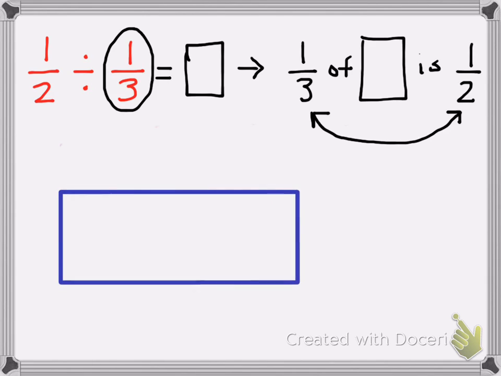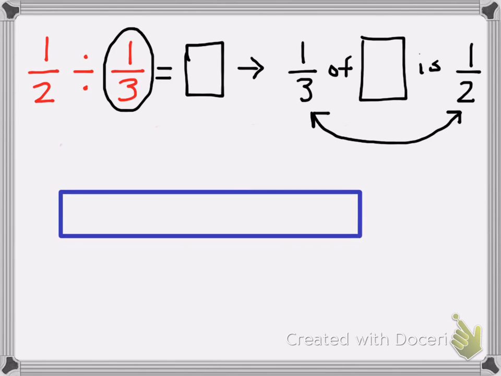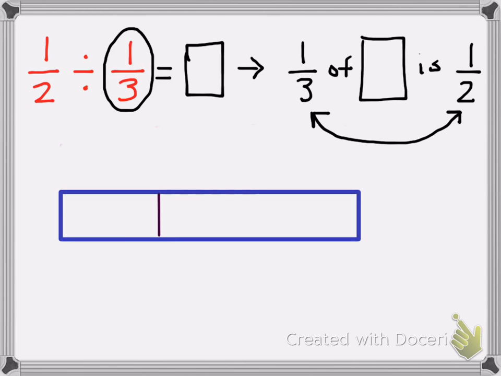And if, let's say, it's that big, okay? And I'm going to split this into thirds. So we've got a line there, and we've got a line here. That's thirds. And then, again, we're going to shade whatever the fraction is. So it's 1/3 this time, so I'm going to shade one box.